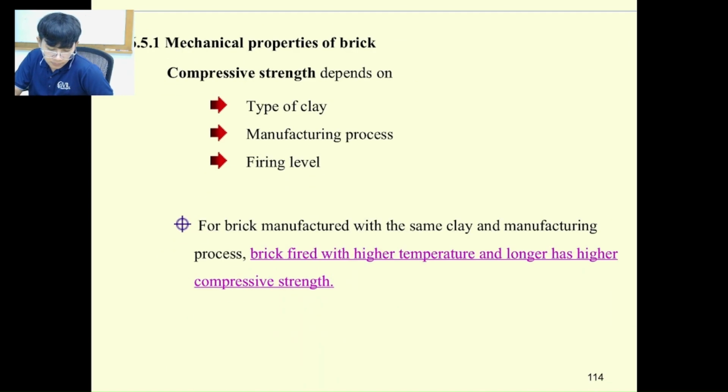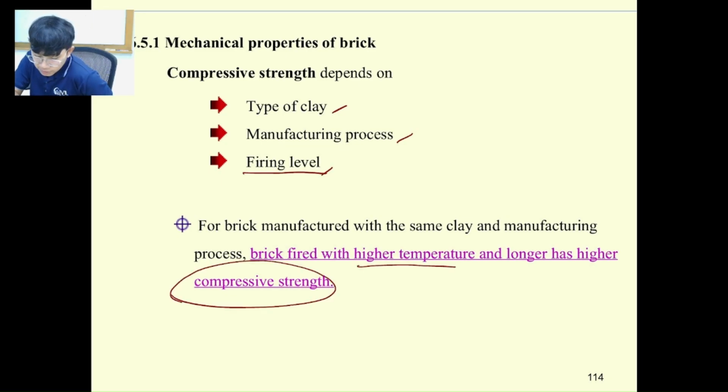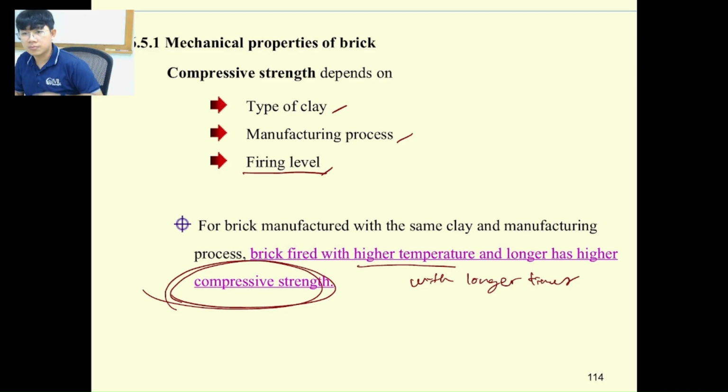The property of the brick depends on the type of clay, the manufacturing process, and the firing level. The more you put it into higher temperatures for longer time, the higher the compressive strength of your brick.